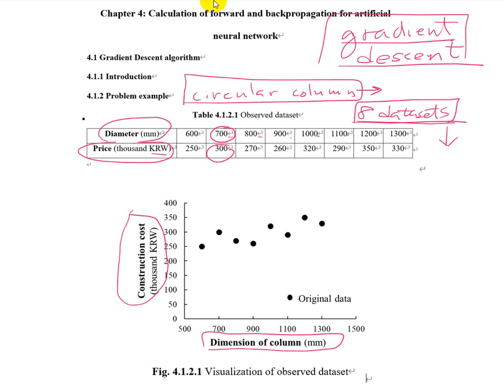So we can see the trend of the big data. We'll call this big data, even though this is small. So we have a trend that looks something like that, right? This is a kind of visualization of the observed data sets.